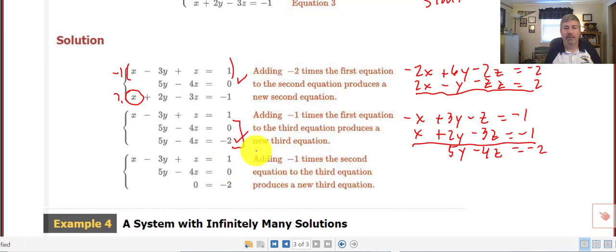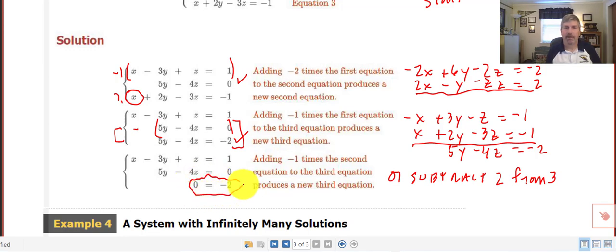Finally, they say add negative 1 times the second equation to the third equation, or what I might suggest is subtract equation 2 from 3, and we get 0 equals negative 2. If I subtract all that and work with those two, I get 0 equals negative 2. And you can see we get something that doesn't make sense. So we end up with no solution.